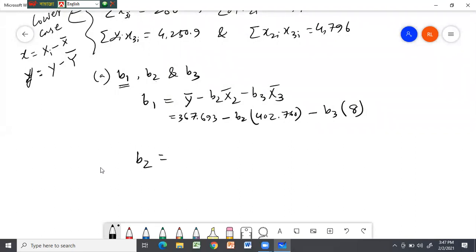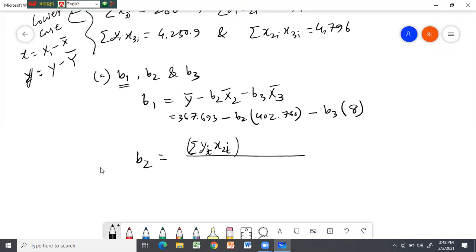So B2 equal to, the formula is sum of yi into x2i. Here it was t, but now you are dealing with i, meaning cross-sectional data. So in every case, you will have to replace with 2i or yi. Okay.